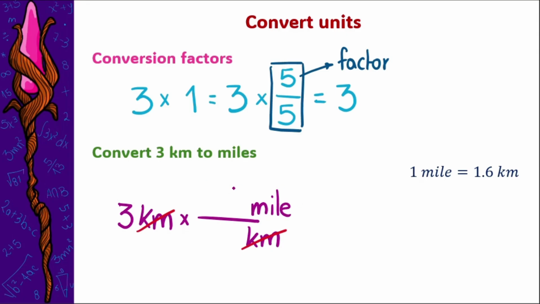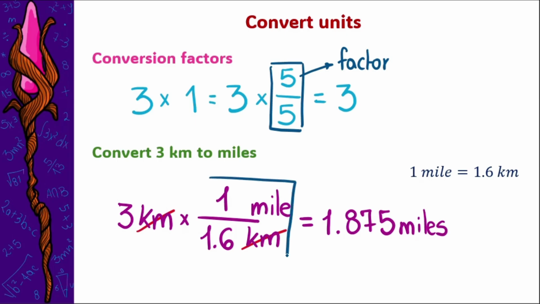Since the top and the bottom should be equivalent, you use the equivalence that you were given: 1 mile is equal to 1.6 kilometers. So you will have to do 3 times 1, which is 3, divided by 1.6, and the result is going to be given in miles. This result here is 1.875, which means 3 kilometers are the same as 1.875 miles.